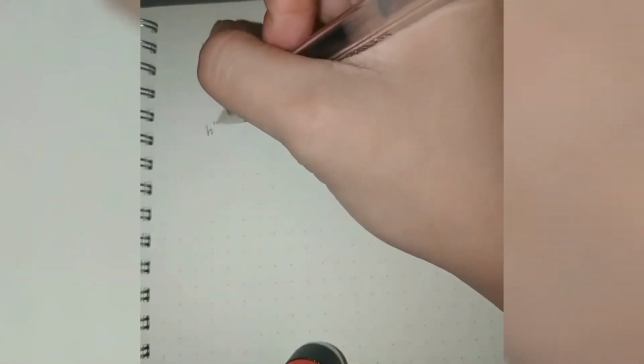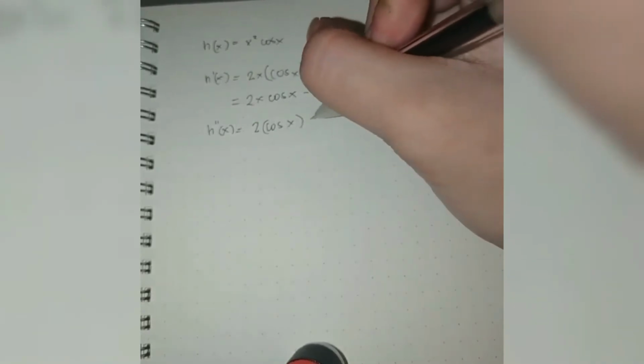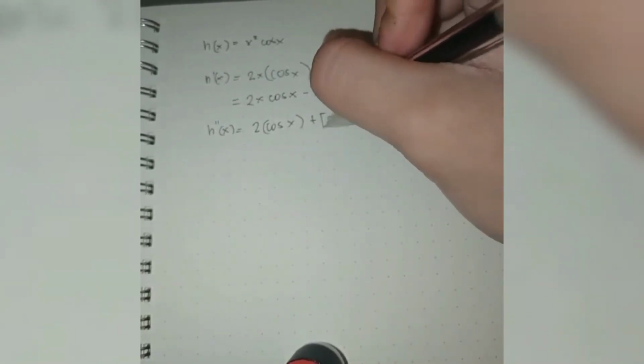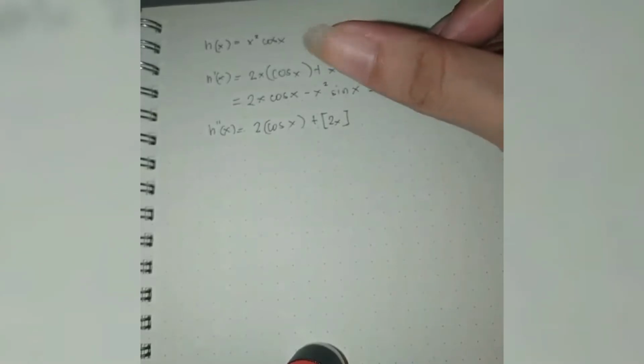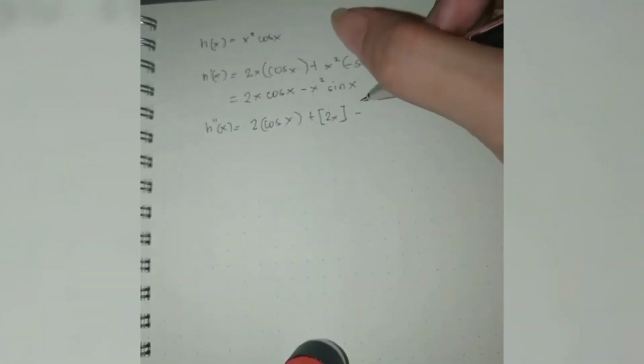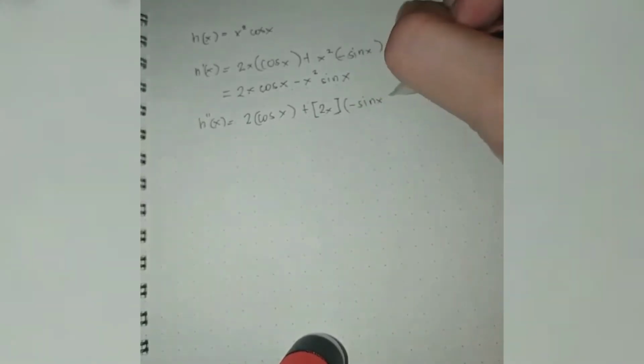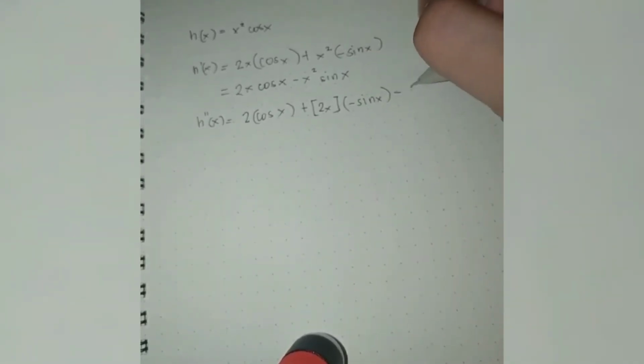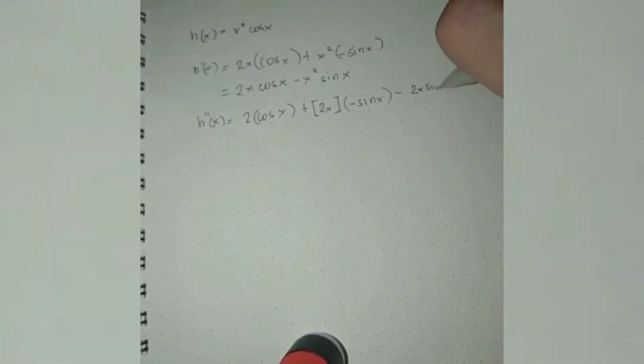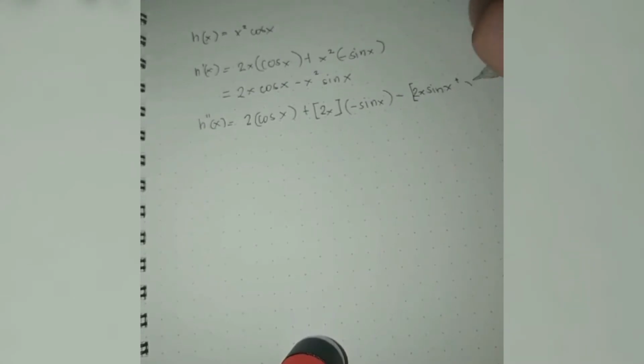So our h double prime of x is equal to the derivative of the first part. The derivative of 2x is 2, and the second part, which we will leave, cosine x, plus 2x times negative sine x. The derivative of x squared will be 2x sine x plus the first part x squared times the derivative of the second part, which is cosine x.